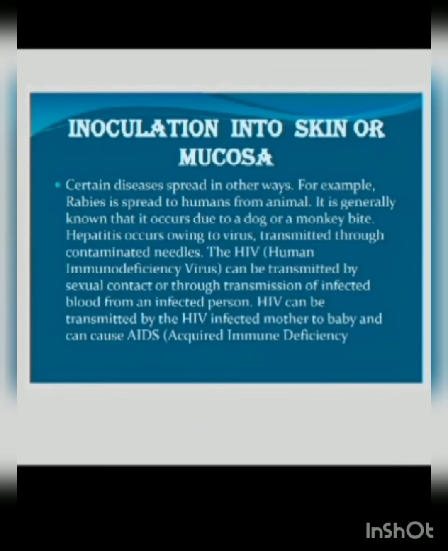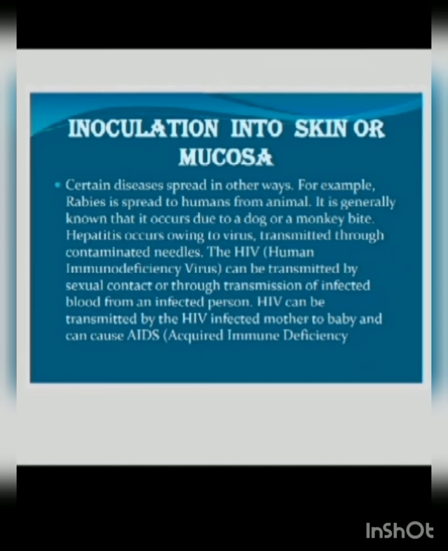Direct contact or touch: when we touch a person or come in direct contact with the skin or mucous membrane of the diseased person, it transmits infections like skin and eye infections.